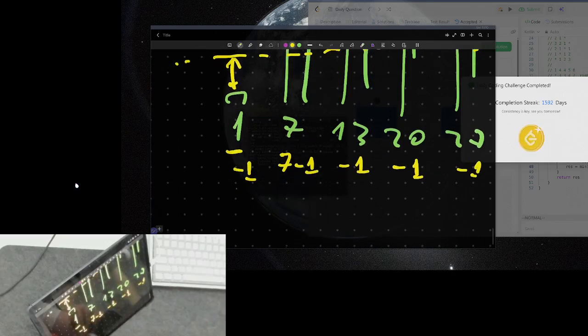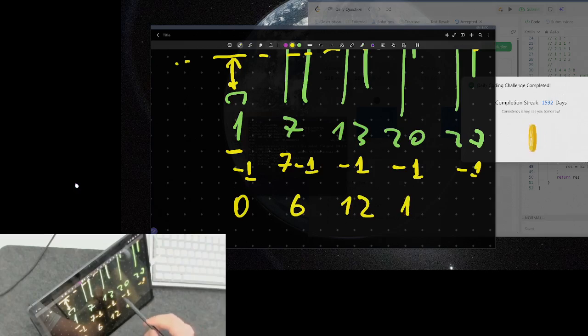It became 0, 6, 12. What is this? This is not correct.